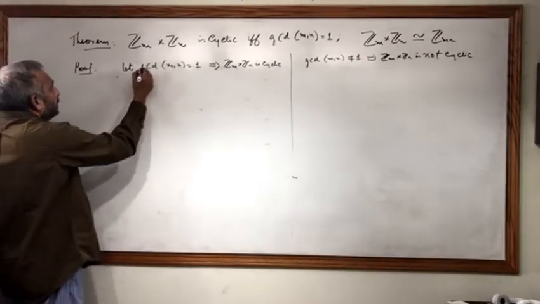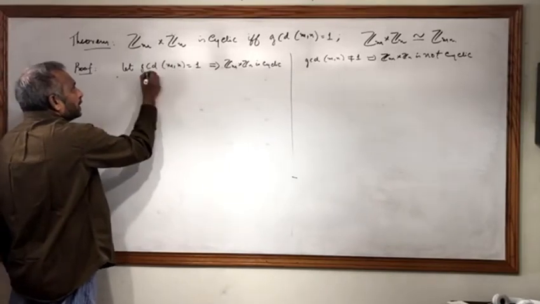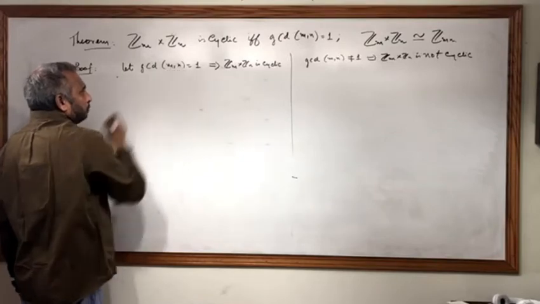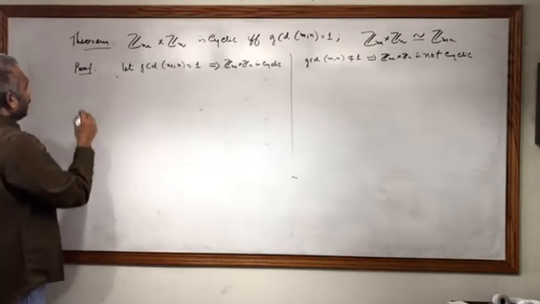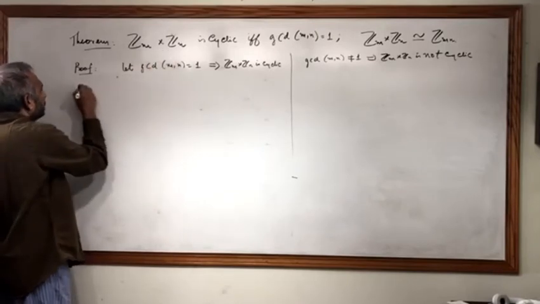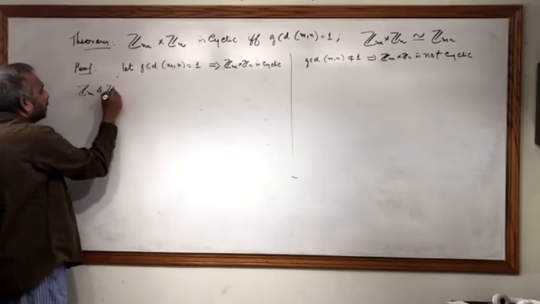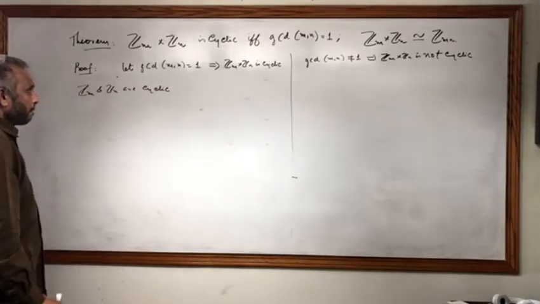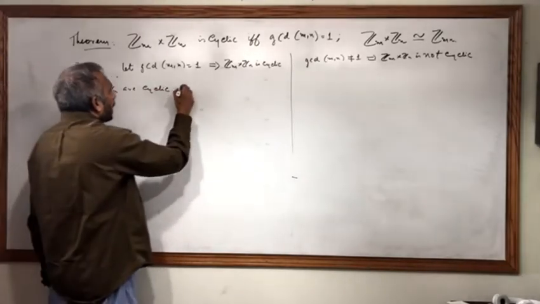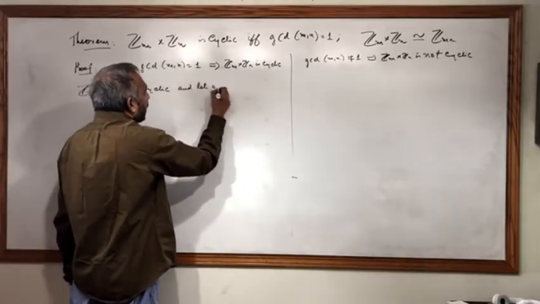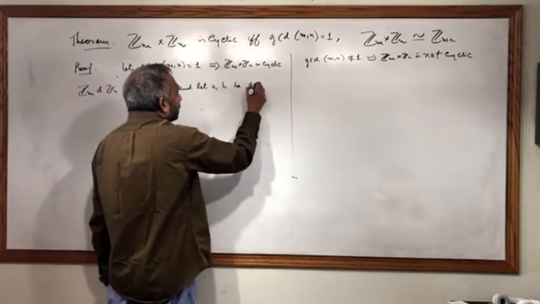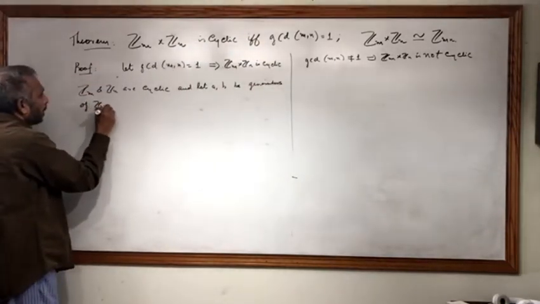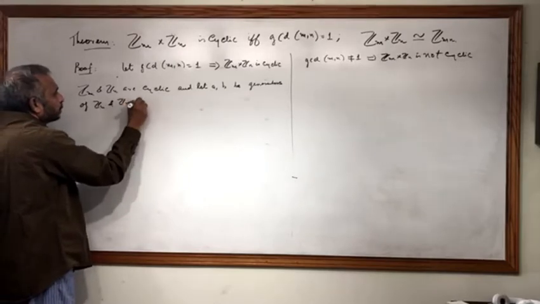See, GCD of m, n is equal to 1 means there is no common factor between m and n. They are prime to each other. Zm and Zn are cyclic. And let a, b be generators of Zm and Zn respectively.